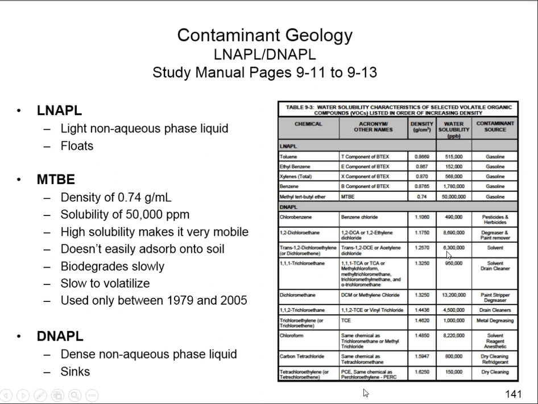And the other way that you can use this table is to look at the contaminant source, because a problem might just say, I have a degreasing paint stripper plant, and you would need to know what would be the chemical, and therefore, as a DNAPL, how it would respond.